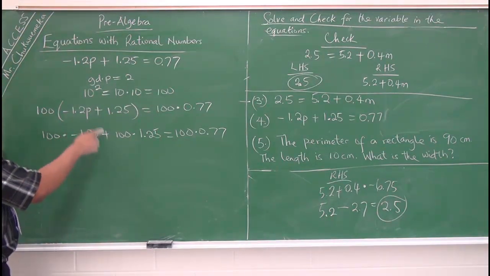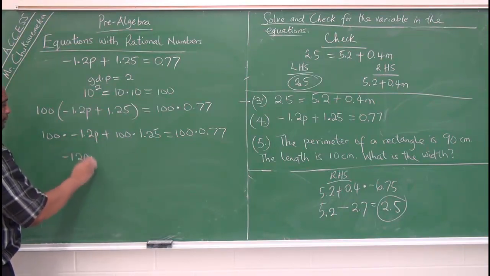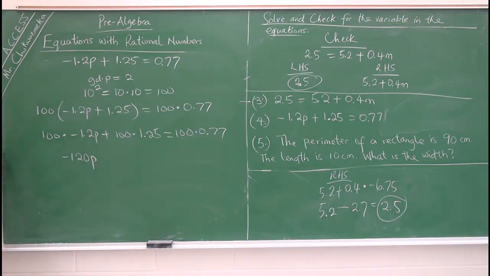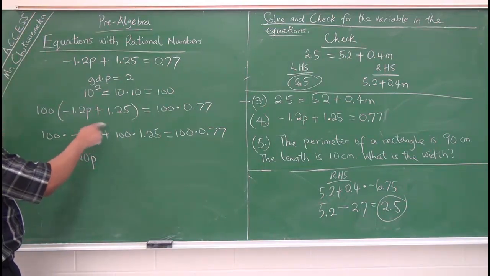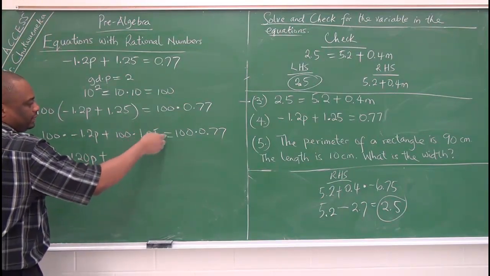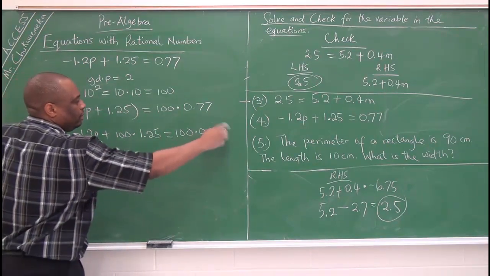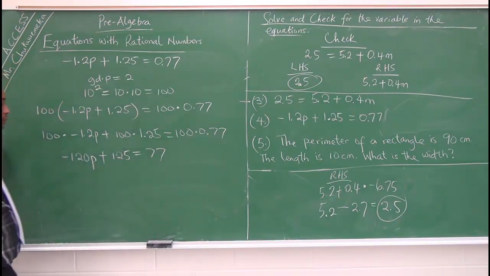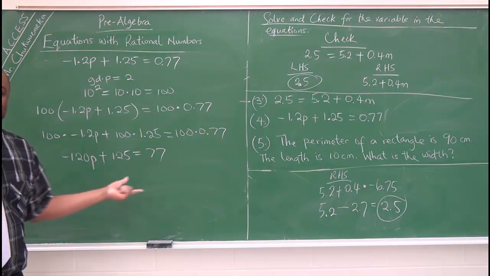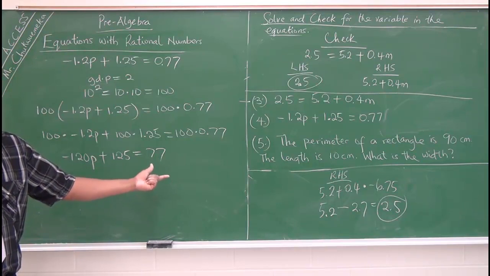Now, remember you move 2 zeros, right? So this will be negative 120p. You move zeros forward twice. So negative 120p plus, you move it here, 125 equals, move it here, 77. You have achieved your aim of making it an equation with integers.